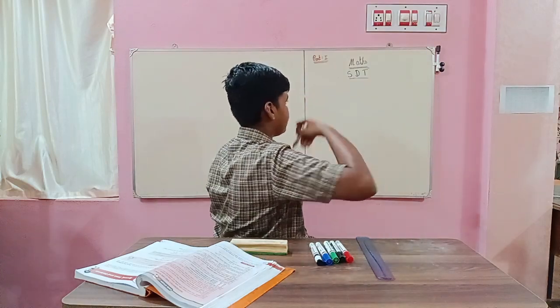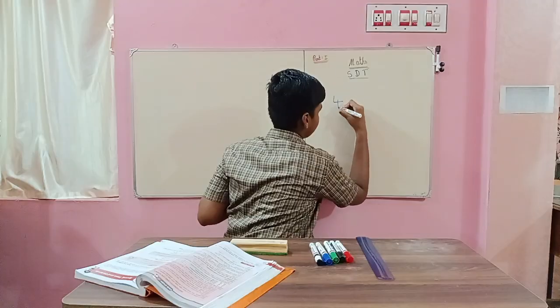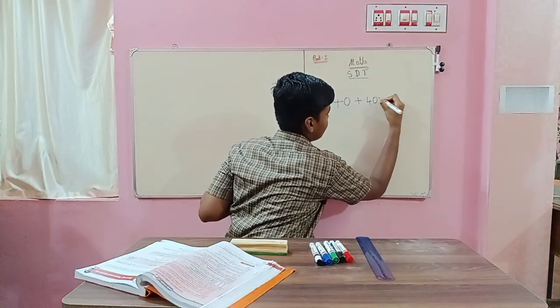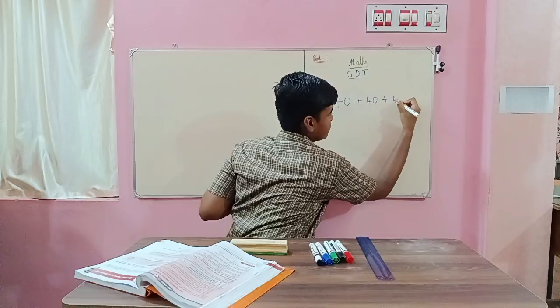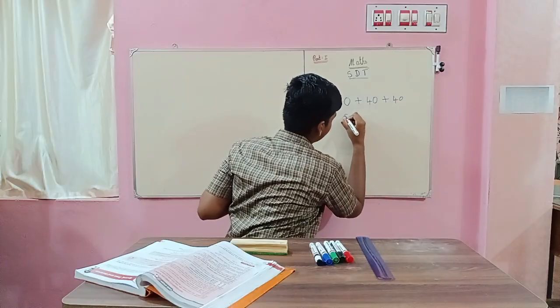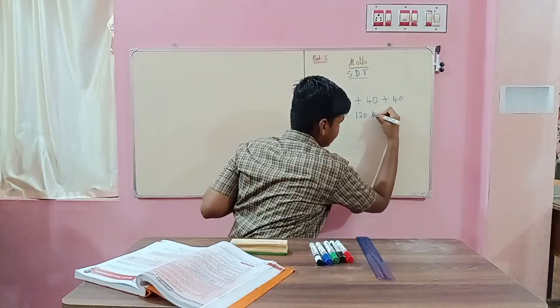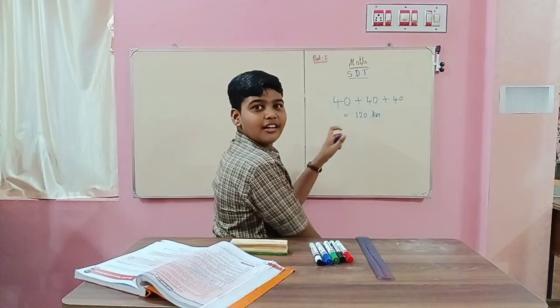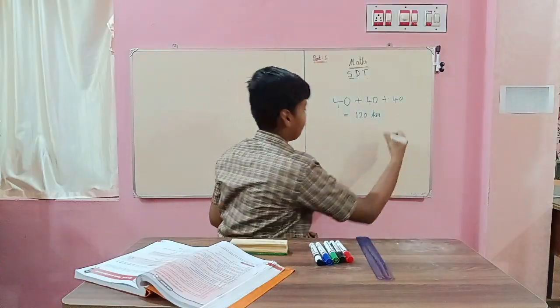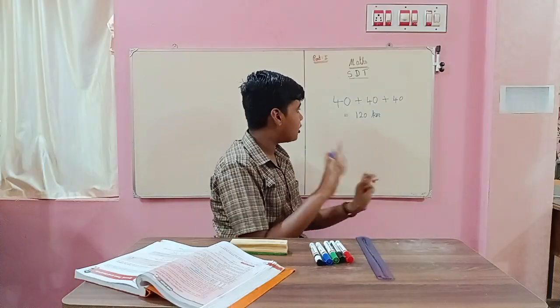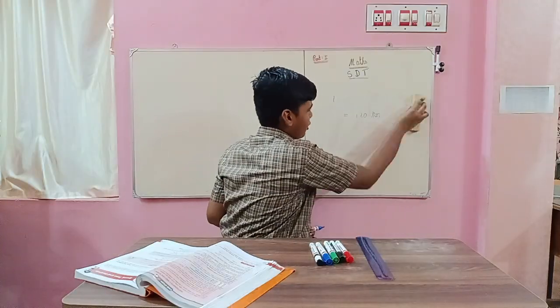So you may think I should write like this: 40 plus 40 plus 40, which is equal to 120 kilometer. 1 hour is equal to 60 minutes into 60. Many people do like this. But no, this is not the actual formula.